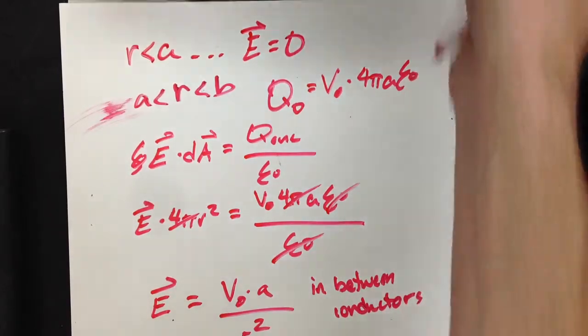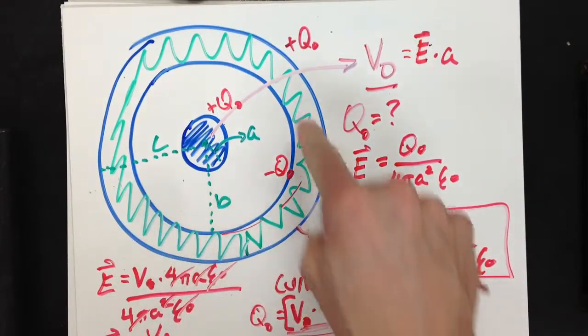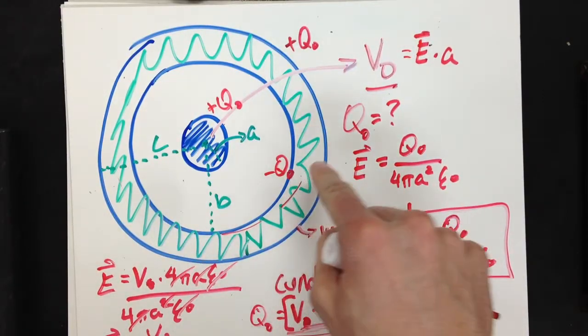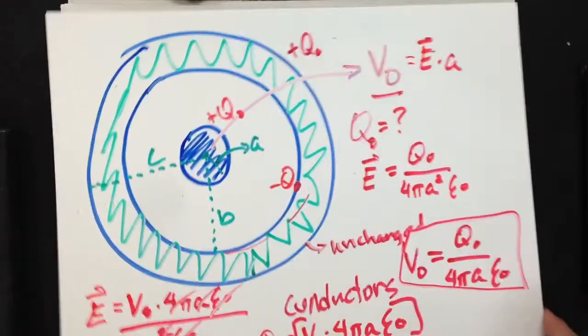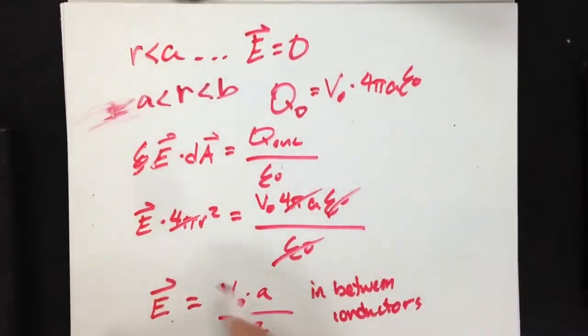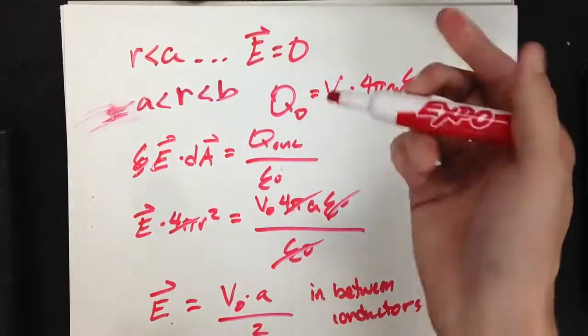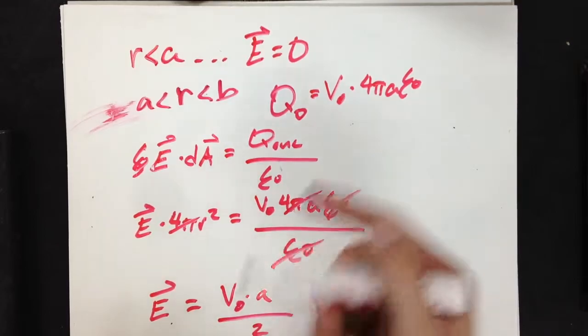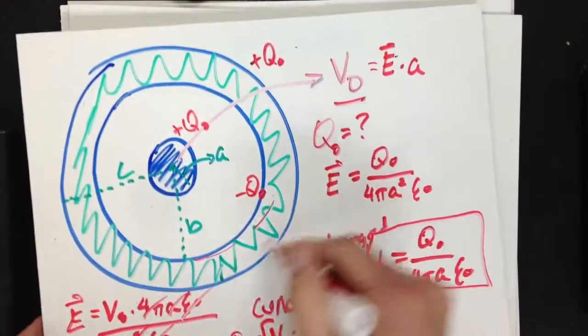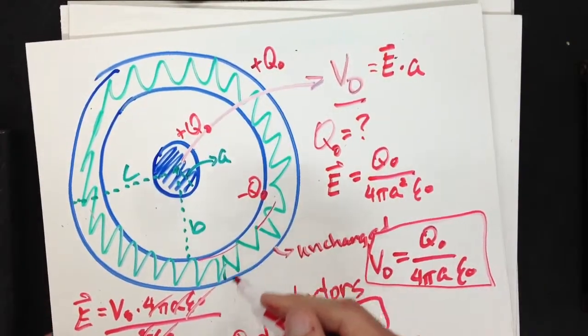Once I got inside this conductor, like we said, it would be 0. And then once I got outside the conductor, it would be this equation again, because my Q enclosed would just be Q naught. Remember, this outer sphere was initially uncharged.